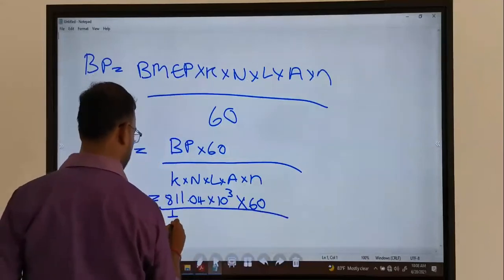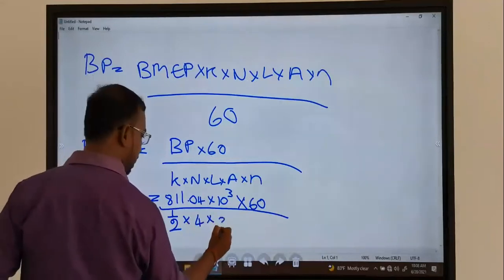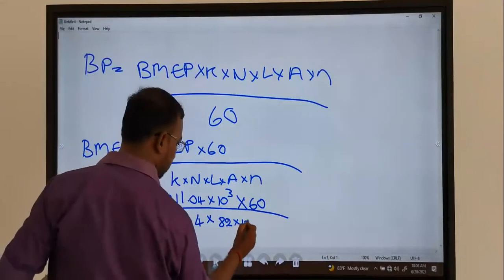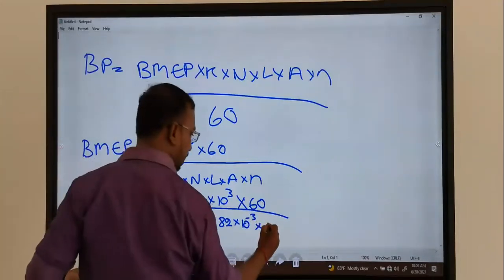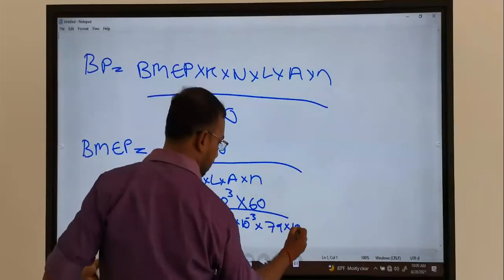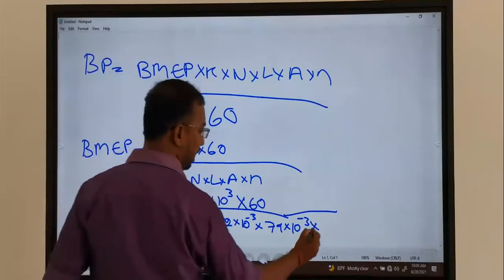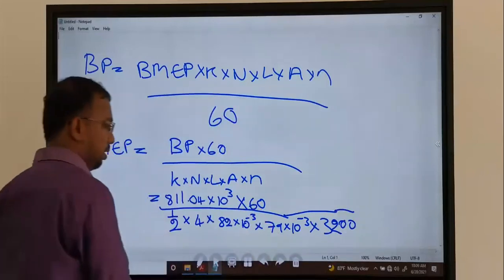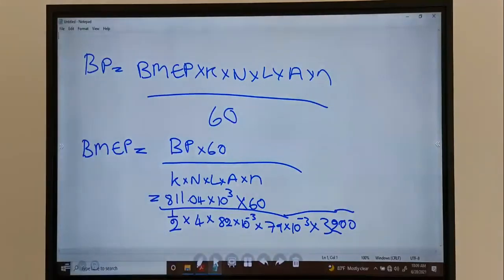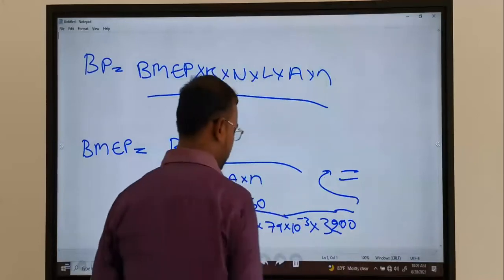Then K, the bore, the stroke L converted to meters by 10 to the minus 3, 79 into 10 to the minus 3, and the engine crank RPM, 3000.